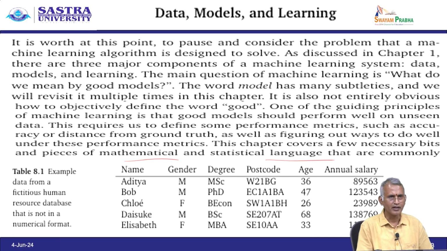Table 8.1 is example data from a fictitious human resource database that is not in numerical format. Names are given: Aditya, Bob, Chloe, Daisuke and Elizabeth, and the corresponding gender, degree, postcode, age and annual salary are given.